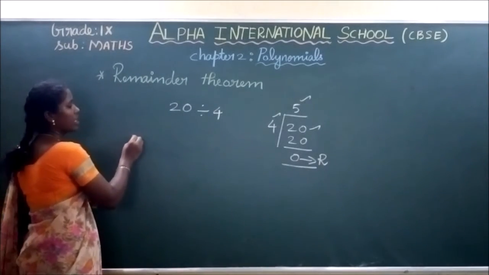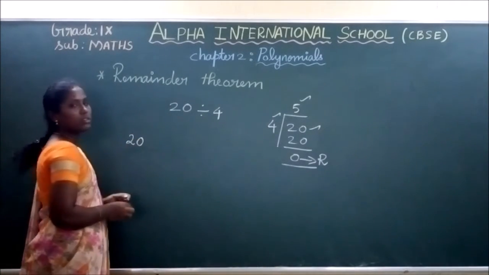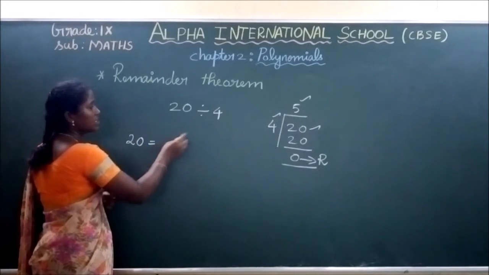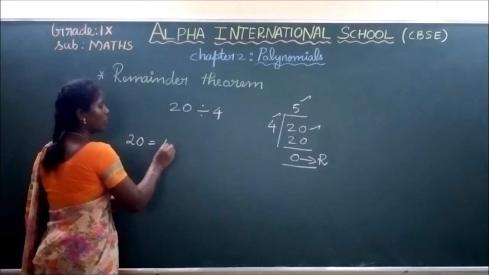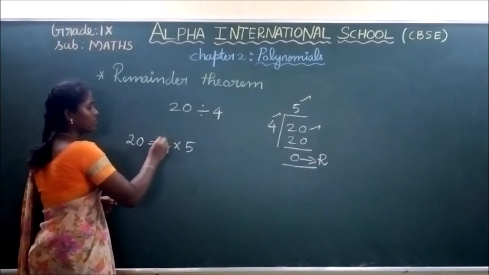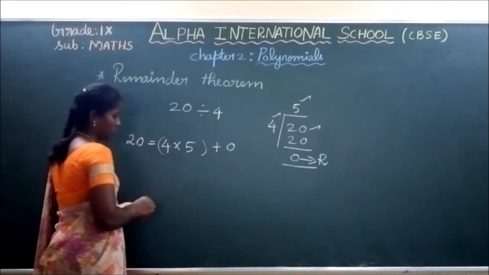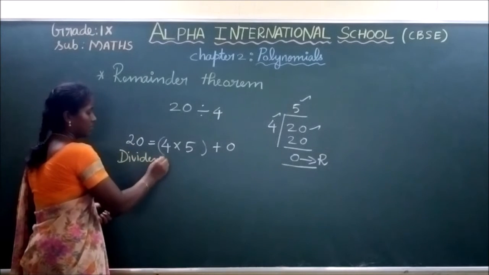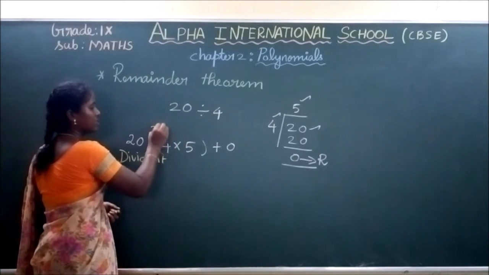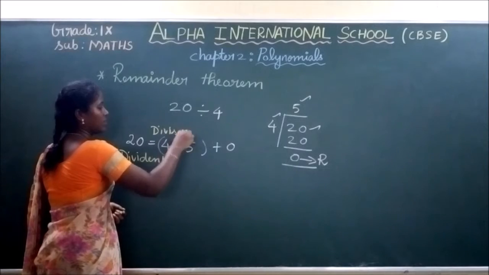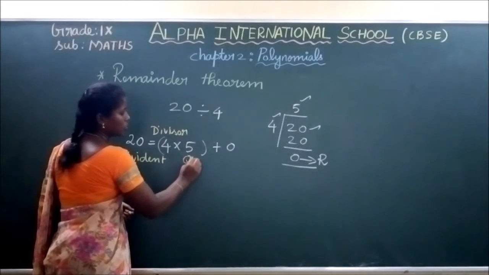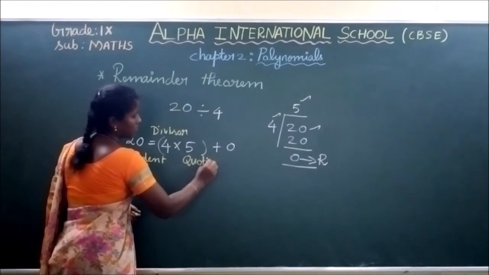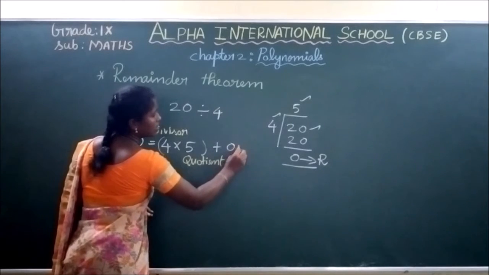If we take the dividend 20, it is equal to the divisor 4 into 5 plus 0. So this is the dividend, 4 is the divisor, 5 is the quotient, and 0 is the remainder.